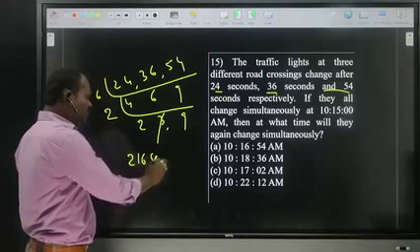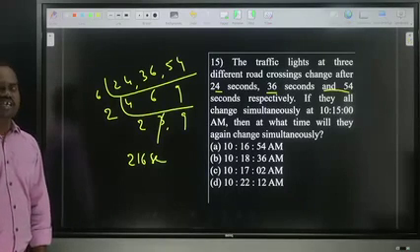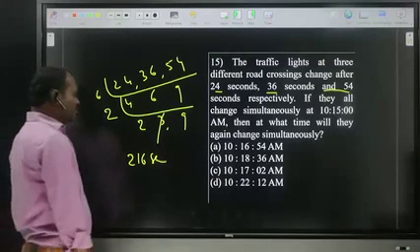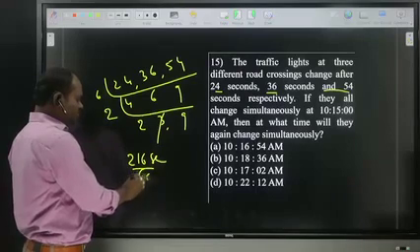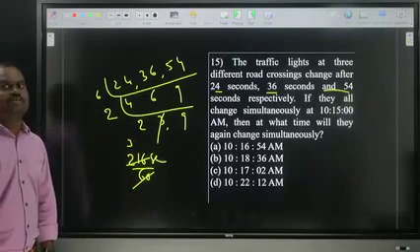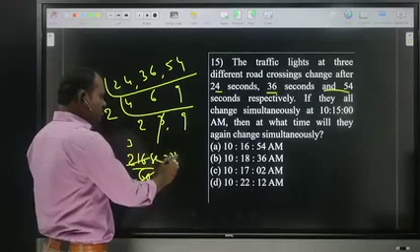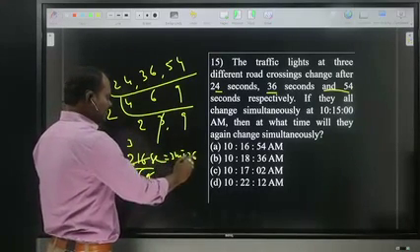After 216 seconds, they will change. 216 seconds, nothing but how much? By 60, 3 sixties are 180. 180, how much extra? 36. So 3 minutes 36 seconds.